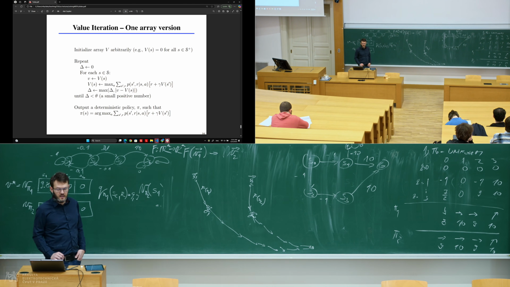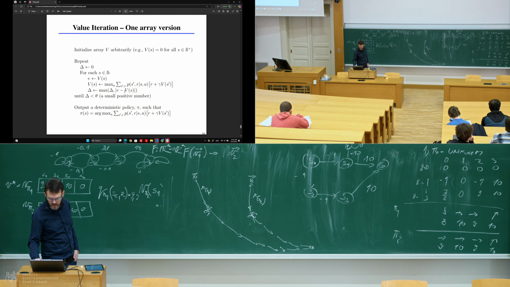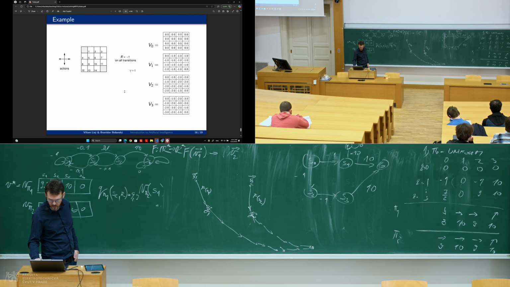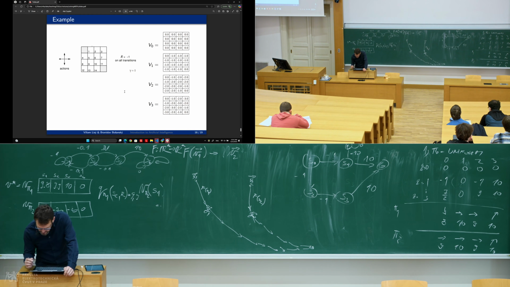And this is not entirely what I was explaining here. Or let's go to the example to make the point clear. So again, you start with just ones, and then you want to compute the value function for this state.